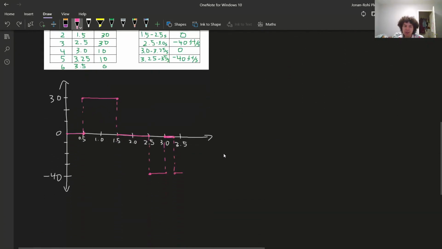However, in your homework, there is a question where the velocity graph is going to be given to you, and instead of having these dashed lines, the velocity is going to look more like whoop, whoop, so that the velocity itself changes smoothly over time. The velocity is changing, and so that's represented by the velocity being different as time goes on.